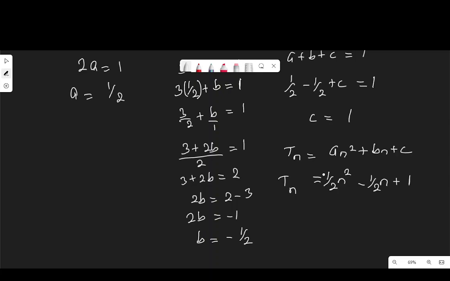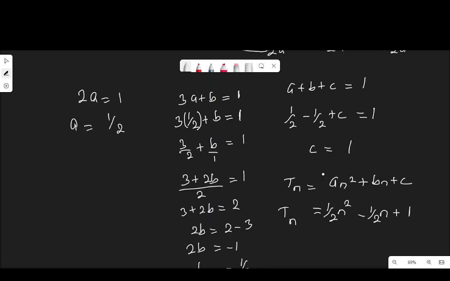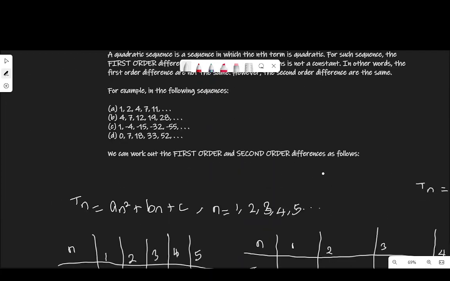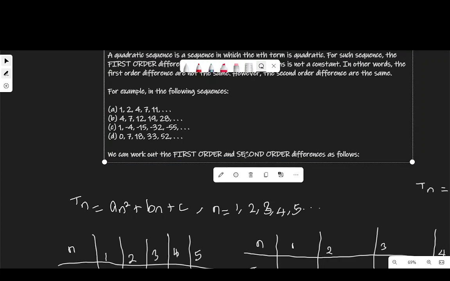What is the sequence? That's 1, 2, 4, 7, and 11. Okay, now let's go on with the remaining one. Let me copy this and move it down.